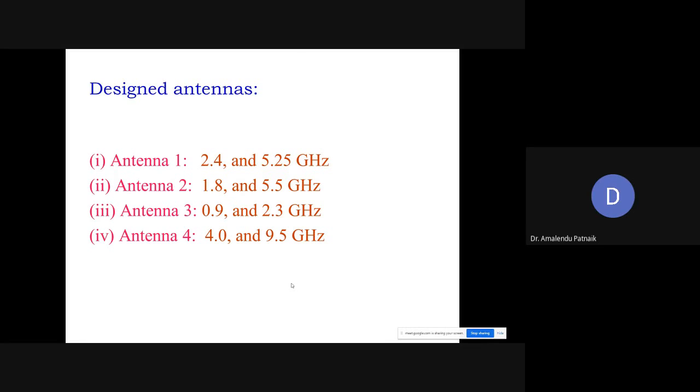As I showed you in the previous slide, the job of that inserted neural network was to give the response parameters of the antenna, resonant frequency, bandwidth, and impedance, for different dimensions of the antenna.